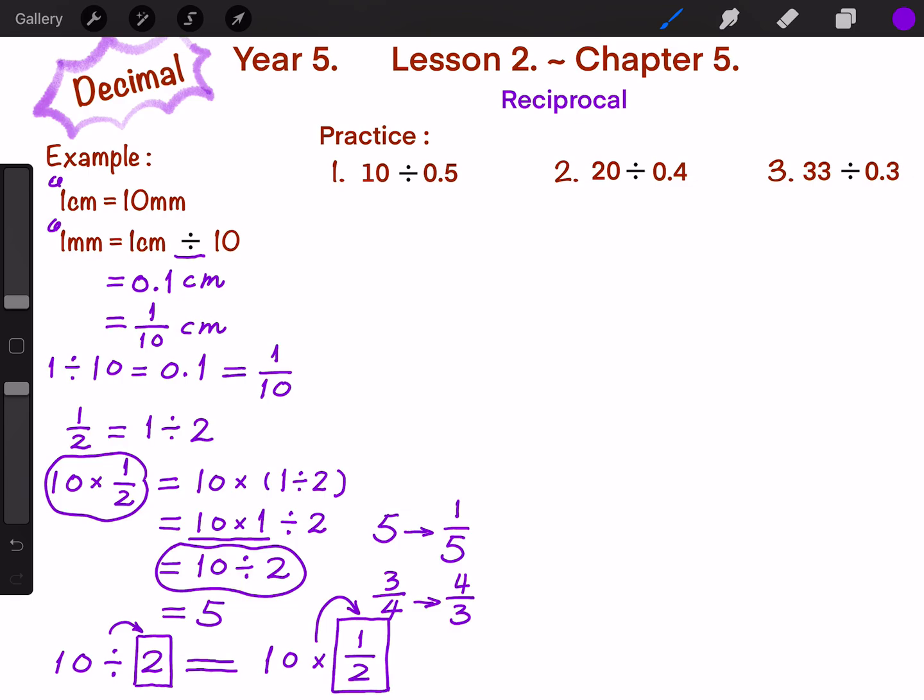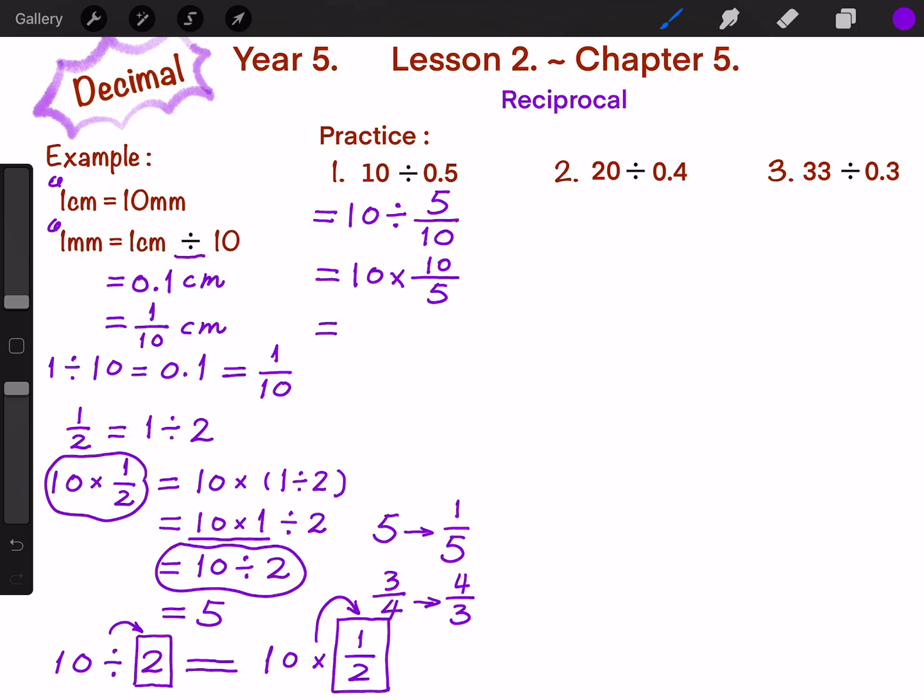Question 1. 10 divided by 0.5. 0.5 can be written as 5/10. Divided by a number equals times its reciprocal. So now equals 10 times 10/5.